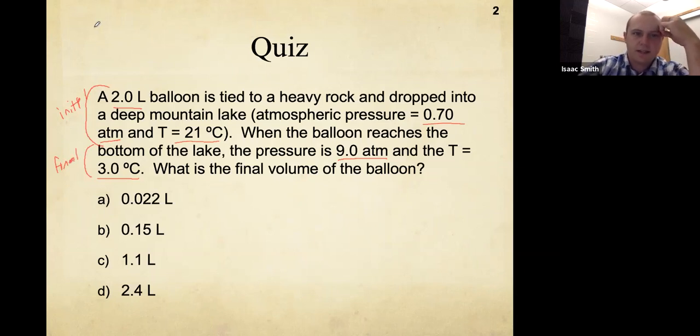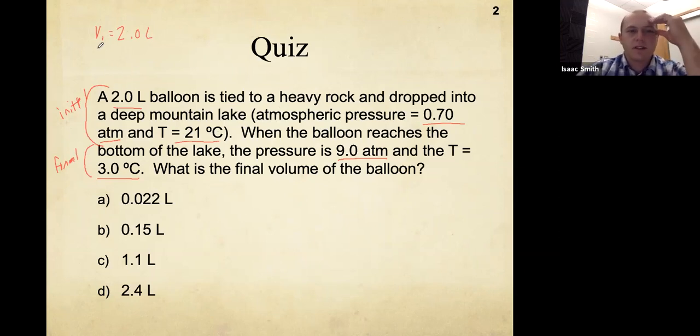Okay, so initially we have a 2-liter balloon, and it's put in a mountain lake. So the atmospheric pressure and temperature right before it goes in the lake, I think this is what it's referring to, are these numbers.